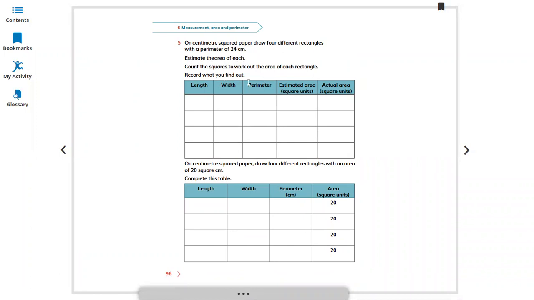Record what you find: length, width, perimeter, estimated area, and the actual area using square units. On centimeter square paper, draw four different rectangles with an area of 20 square centimeters. And when you're drawing, you need to write their length, their width separately, and also their perimeter.